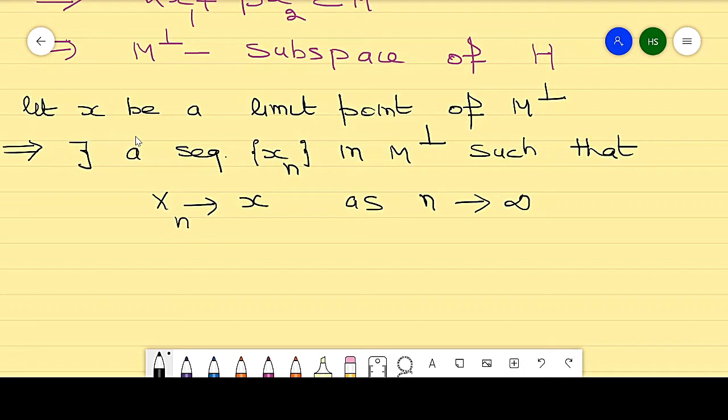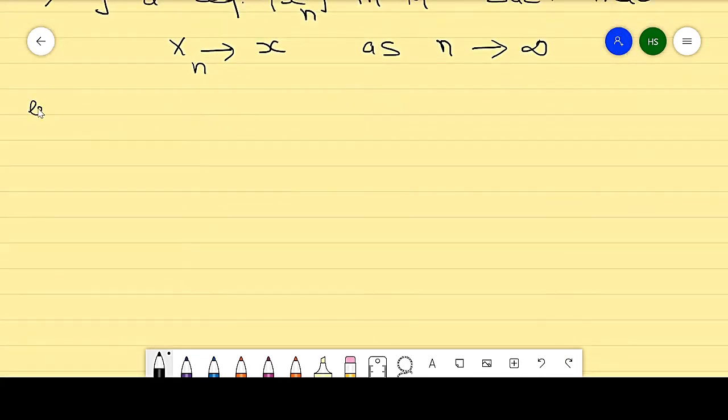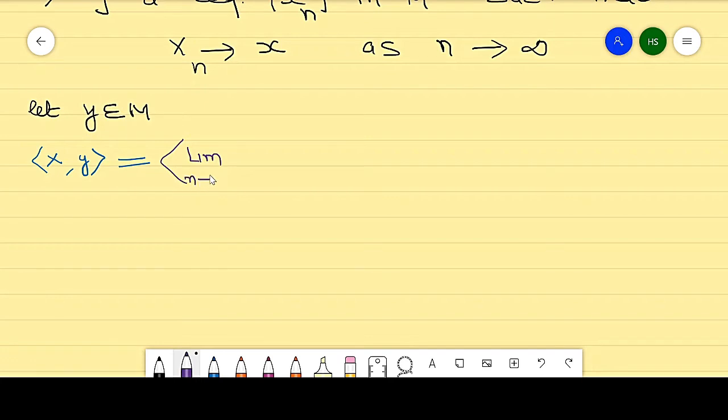x should be a part of the orthogonal complement of M. x will be a part of the orthogonal complement of M if its inner product is equal to 0 for every vector of M. So let y belong to M. If I take y belongs to M, then the inner product of x comma y can be written as, x is a limit of the sequence xn, the limit as n approaches infinity of xn comma y.